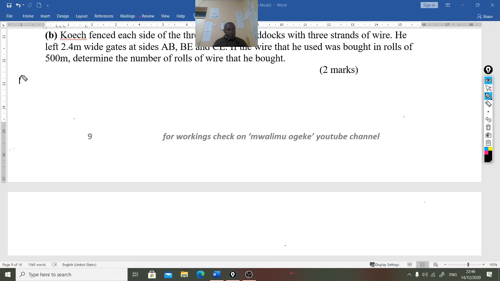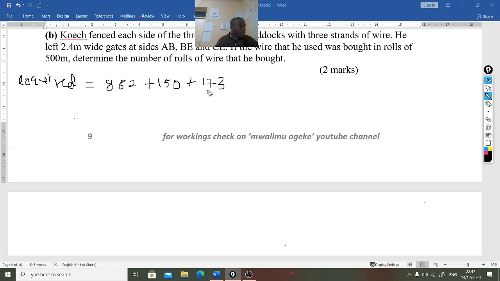The required wire will be equal to 882 that we found, plus the 150 that we had found, that is CE, which we have not added, plus we did not also add side BE, that is 173 that we found.